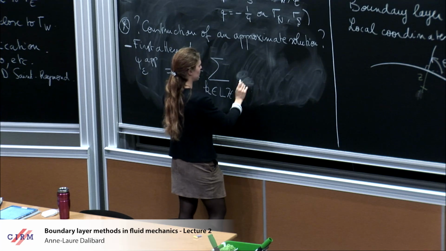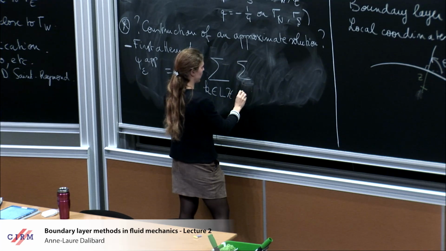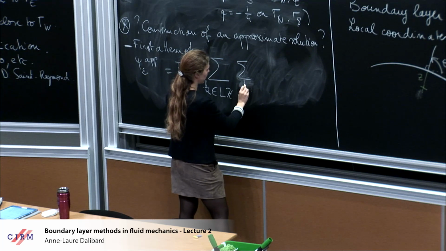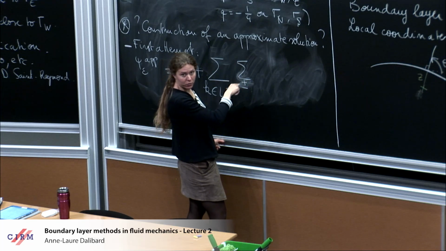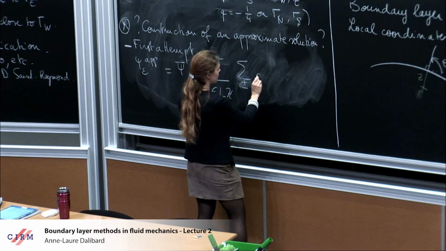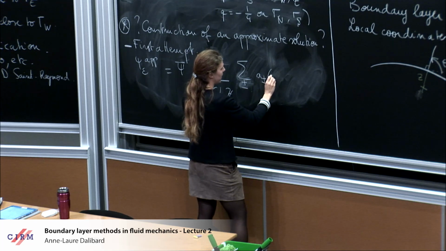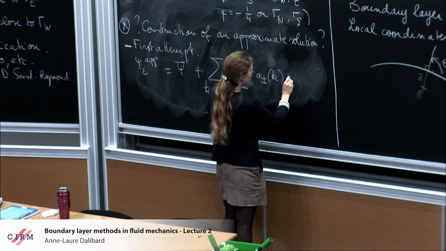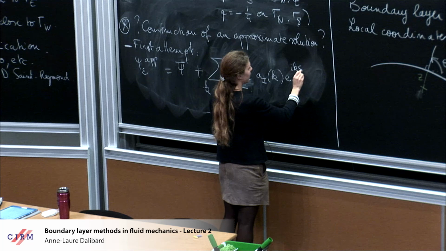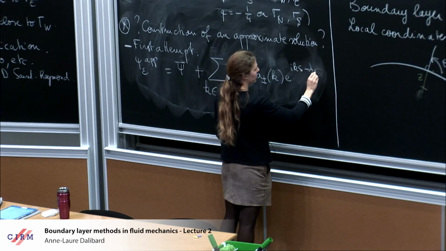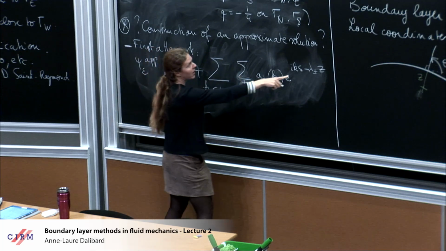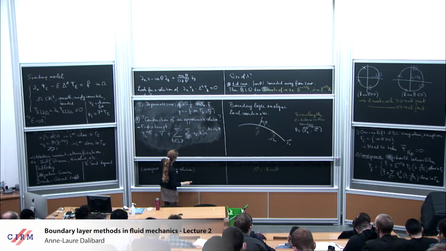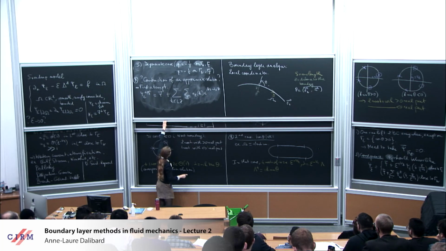I'm going to take a sum over plus and minus to account for the fact that on most pieces of the boundary I have two boundary layers, so of A plus and minus of k, and I will take A_k e^(-lambda plus or minus z), where the lambda plus and minus are the ones that solve this equation.